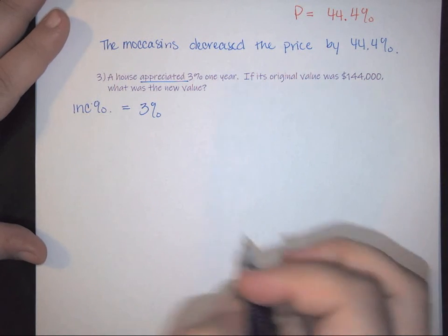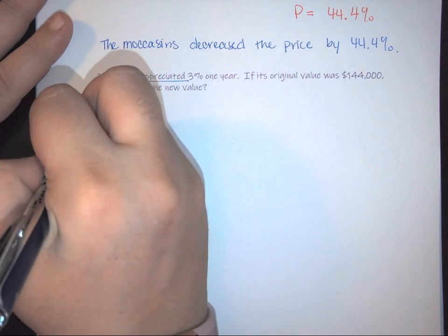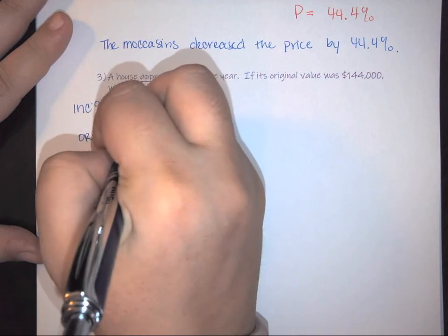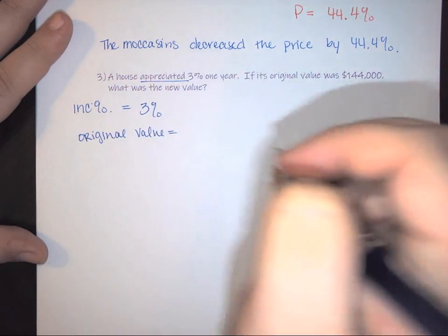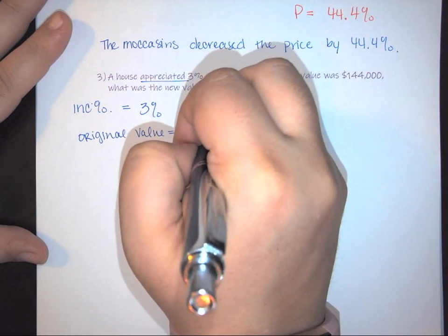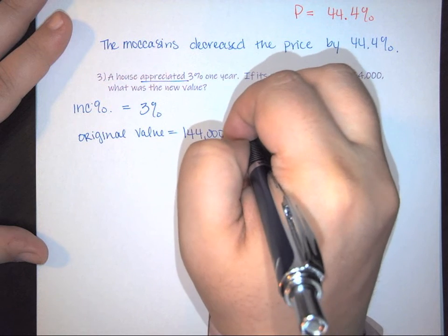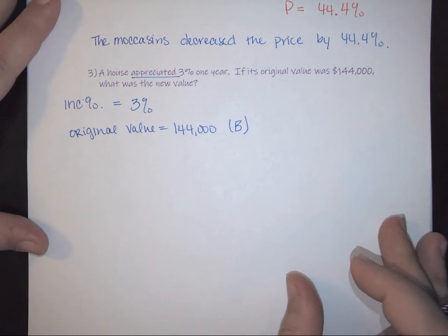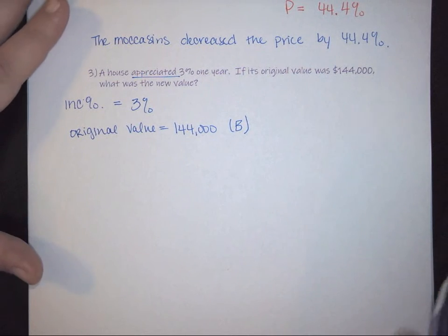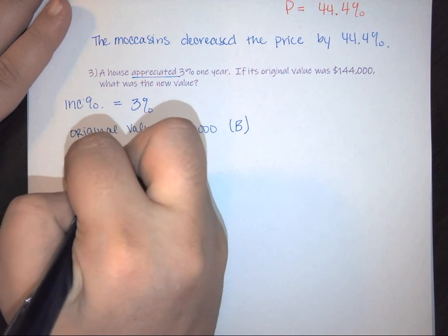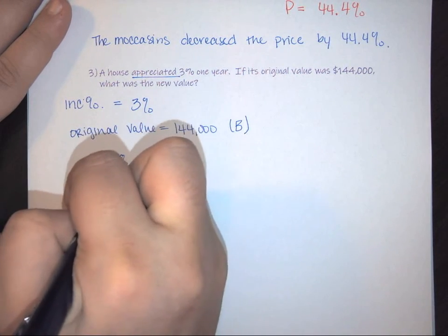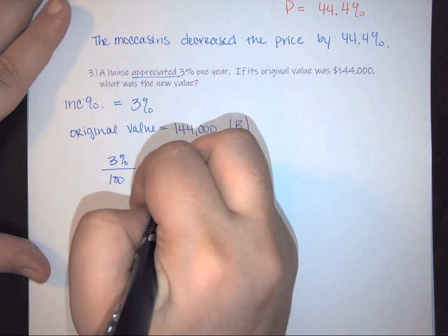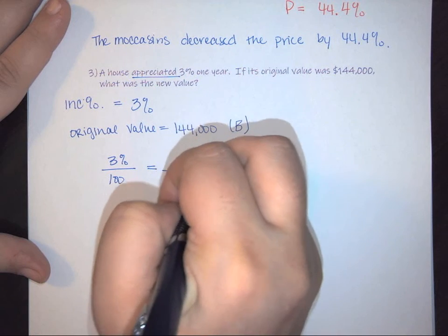The other piece that we know is we have an original. So the original value was $144,000. This is your B value. So in this case, we have your 3% over 100 is equal to the missing term over my original value.